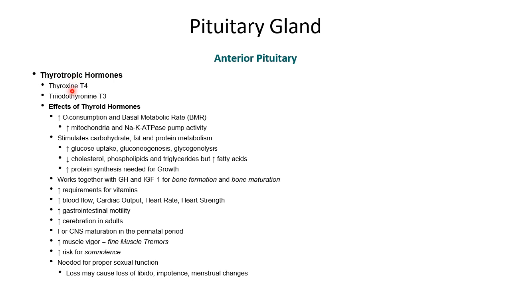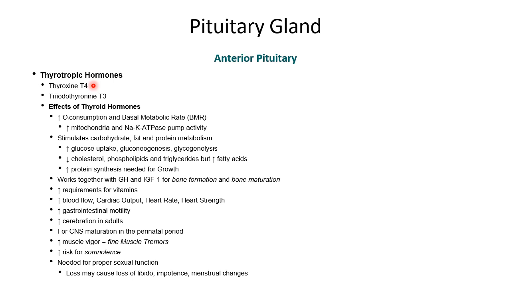So what are these hormones? Thyroxine or T4, triiodothyronine or T3. So the numbers here, 3 and 4, for triiodothyronine and tetraiodothyronine respectively, refer to the number of iodine atoms in the thyroid hormone. So you can appreciate from this knowledge that for the synthesis of thyroid hormones, you need the element iodine.